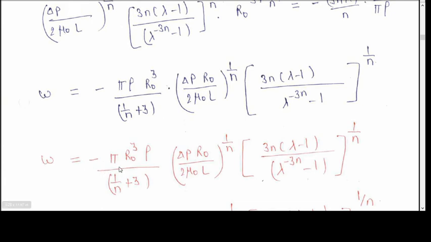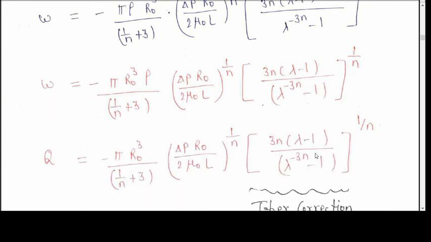It is the same equation, only rearranged in terms of r0 multiplied by density, then delta P rho naught upon 2 mu naught L to the power 1 by n, then 3n (lambda minus 1) lambda to the power minus 3n minus 1, the whole to the power 1 by n.